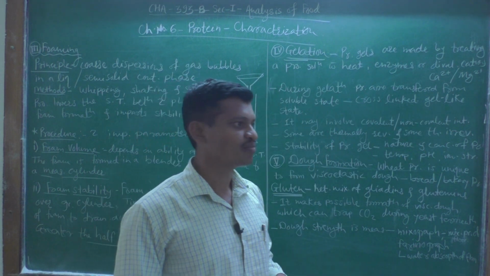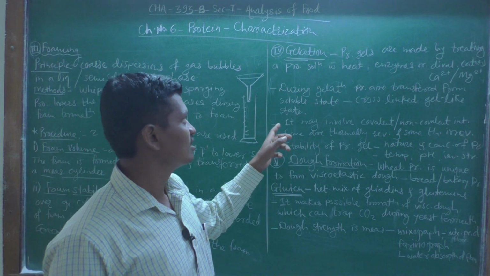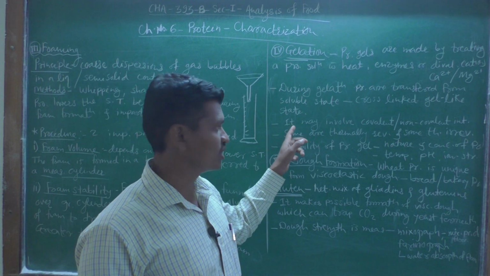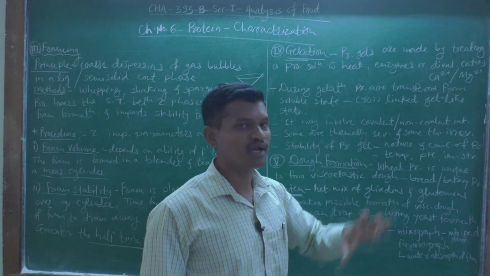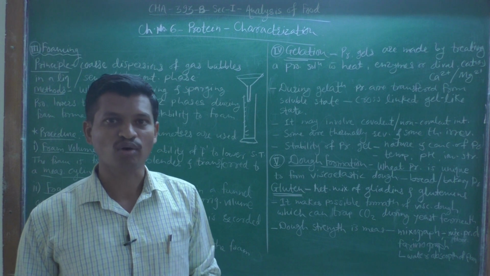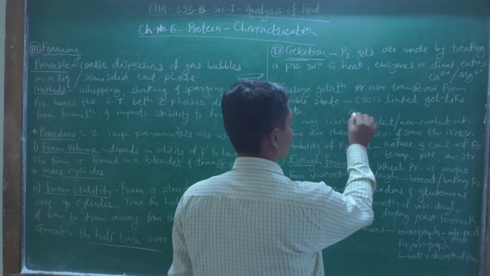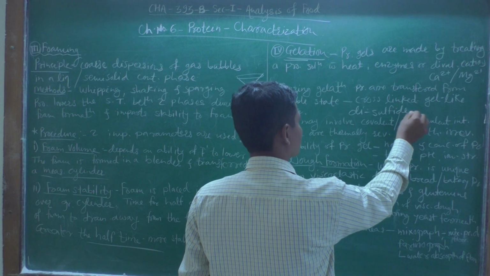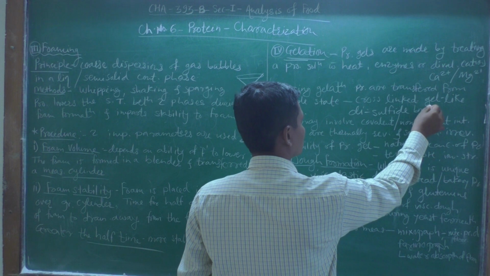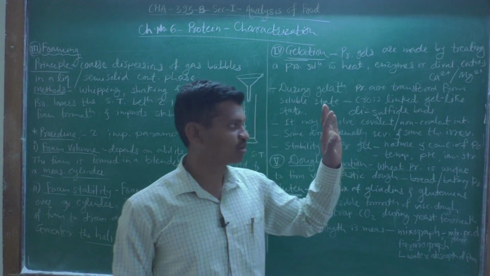Cross-linking is there. And in that cross-linked gel-like state of the protein, it may involve covalent or non-covalent interactions. Covalent interactions are generally disulfide bonds. These are covalent interactions in the cross-linked gel-like state of the protein.